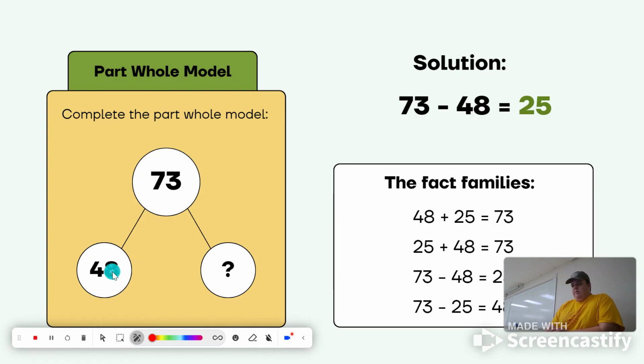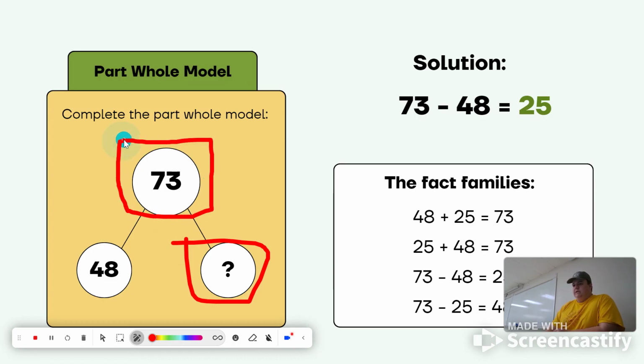So with this concept, you have the missing number down here, so that tells you that this is going to be your answer in the equation. So you're going to take 73 and subtract 48 from it, and that's what they did up here. They used this to figure out, okay, that's 25, which you could do this with smaller numbers, like you can put 5 up here and have this missing and do 3.